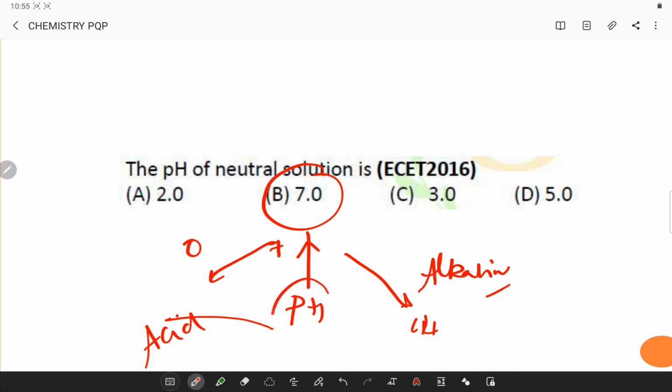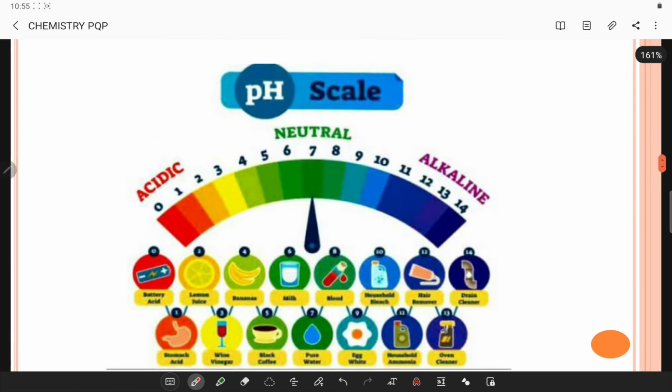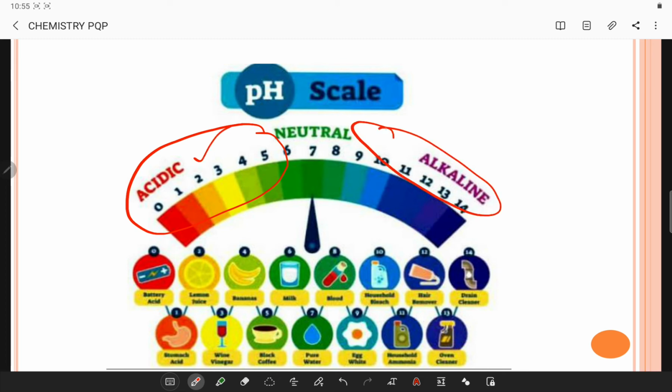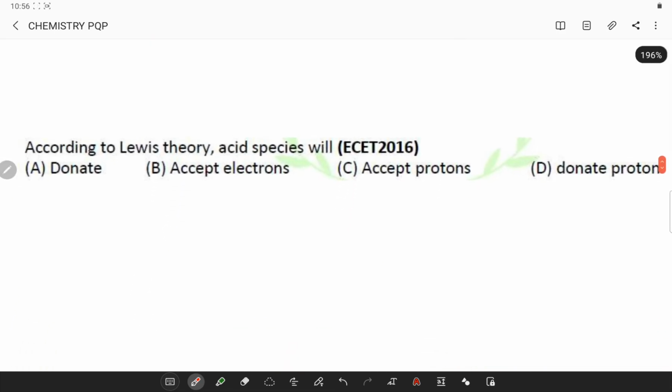At this particular juncture we have many items such as blood, milk and pure water which have an approximate pH of 7. This is a beautiful diagram which represents the concept. 0 to 6 is acidic and 8 to 14 is alkaline. These elements in green, mainly blood, milk and pure water, are your answers.